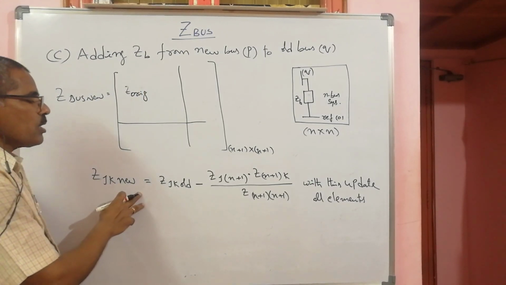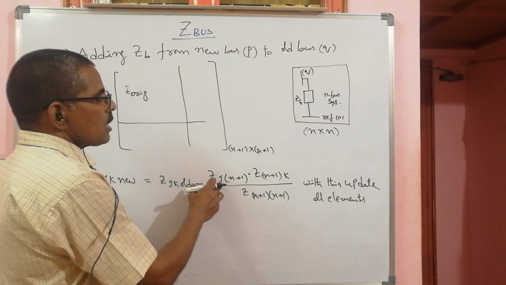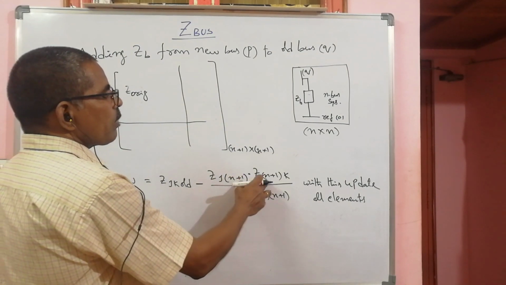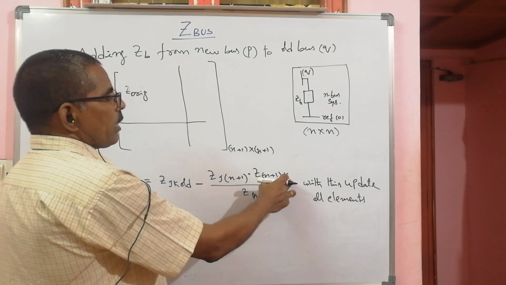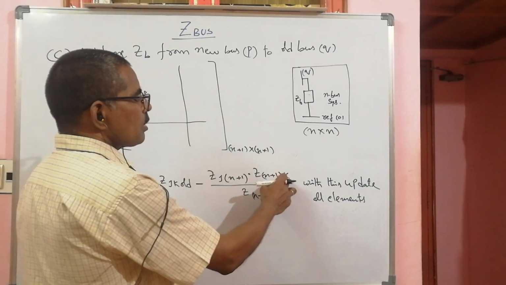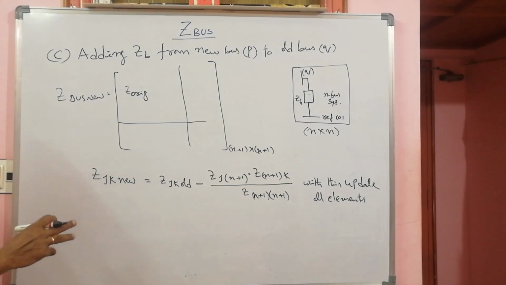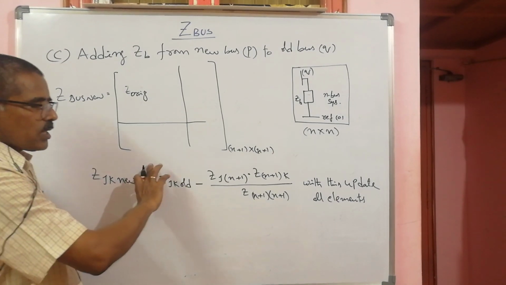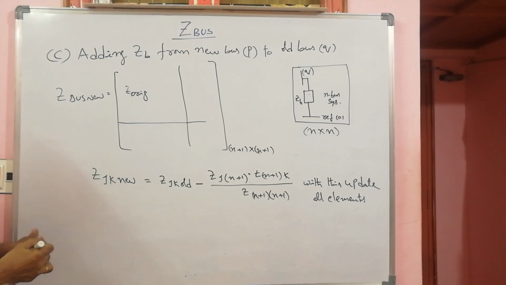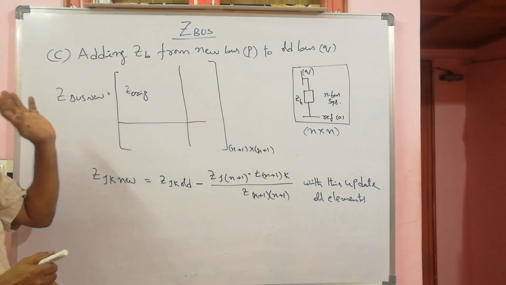So Z11 new is Z11 old minus Z1(n+1). Likewise Z(n+1)K, whatever it is, K is also 1. So Z(n+1)1 divided by Z(n+1)(n+1), that is to be used. This is the formula which is to be used for modifying all elements. You need to modify Z11, Z12, Z13, Z14 and so on and so forth.